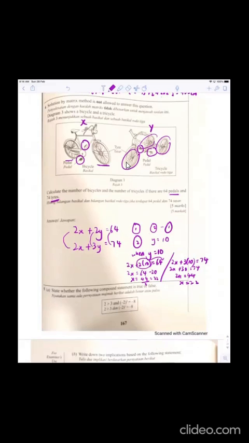Thus, the number of bicycles is 22, and the number of tricycles is 10. Because x, you see, you get 22. That's it.